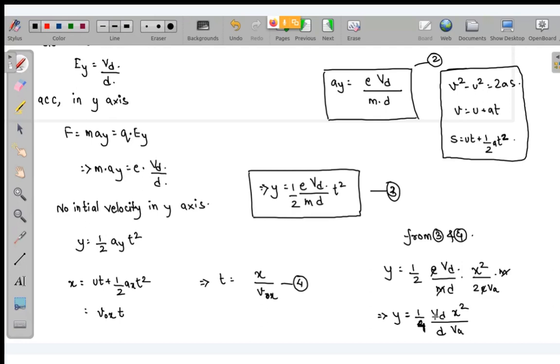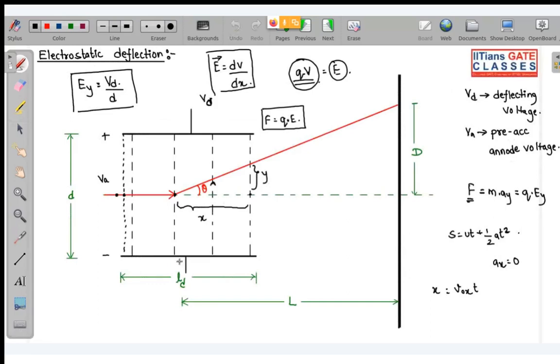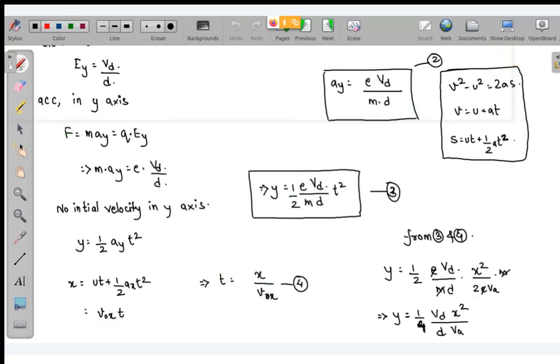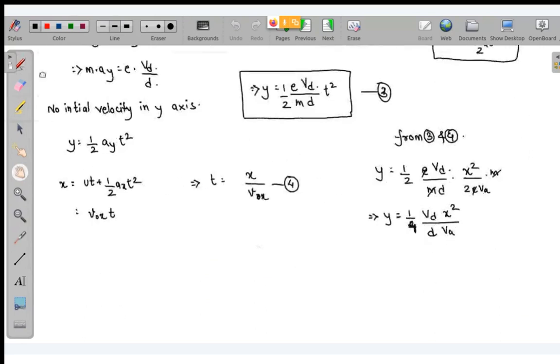Now one thing, I can assume this x to be LD, which is the total distance of the horizontal plate. First, let me not do this because I need one more term.